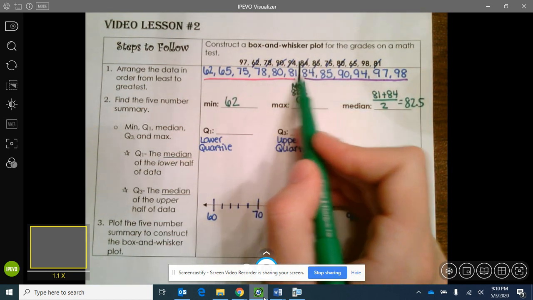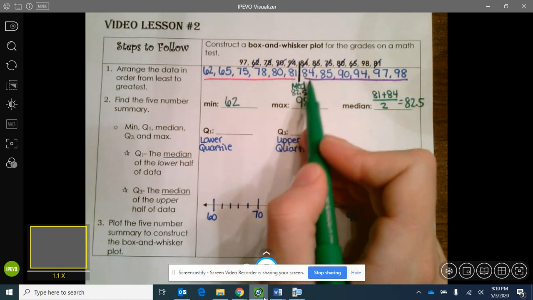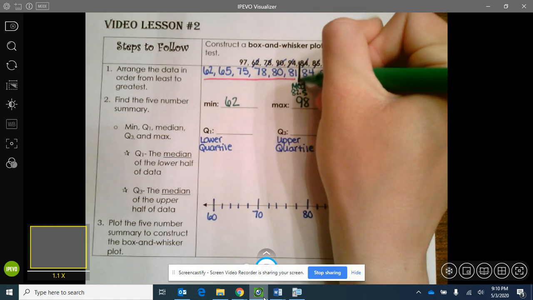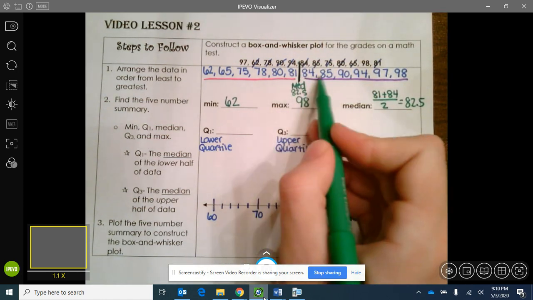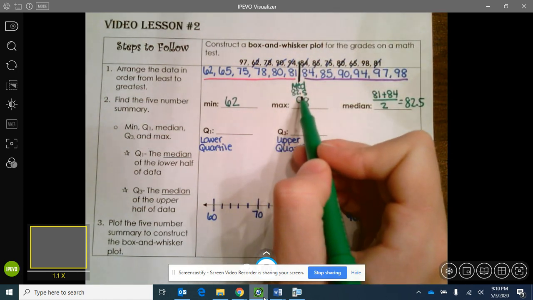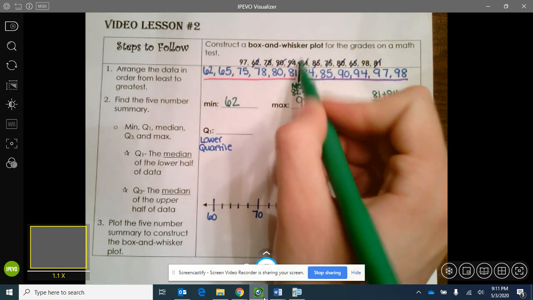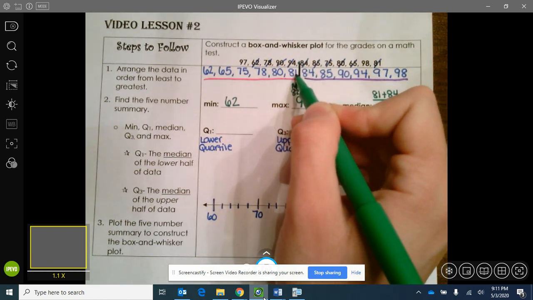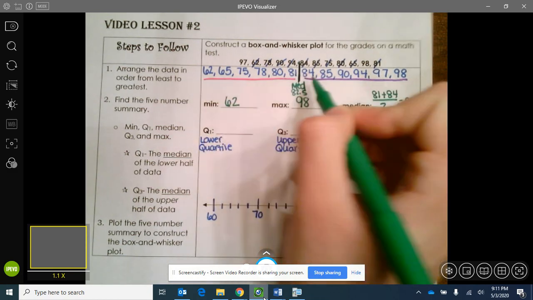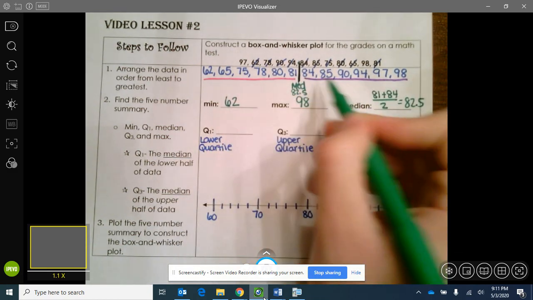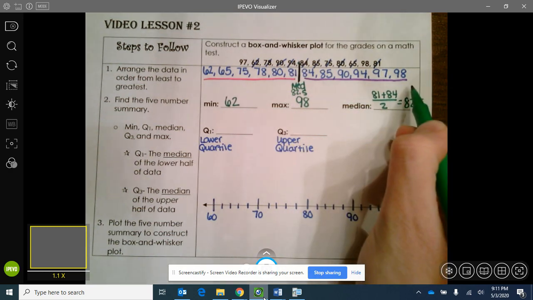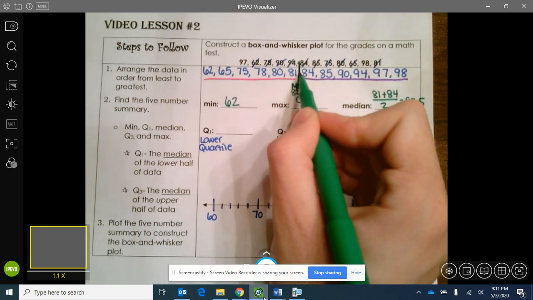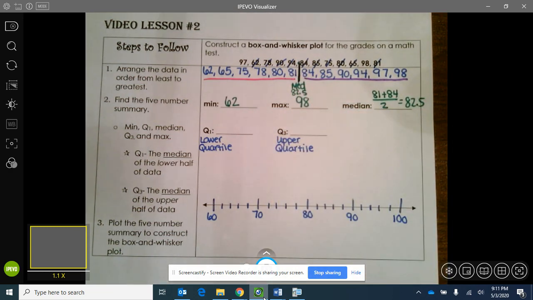So when you're splitting your data into a lower half and an upper half, 81 is going to go with the lower half because it falls below this median line. 84 is going to go with the upper half because it falls above this median line.